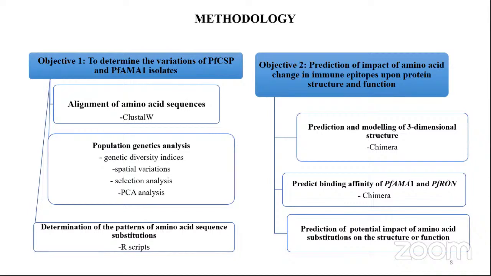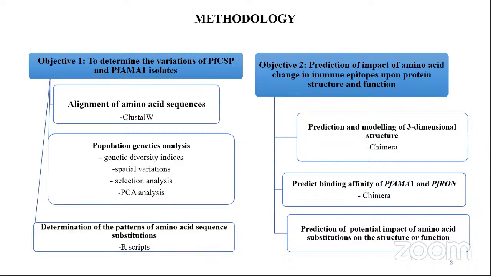We also looked at the patterns of amino acid sequence substitution, and we want to employ the same methods to look at other African populations and also populations from Thailand. So this objective outline will be used in other African populations as well.